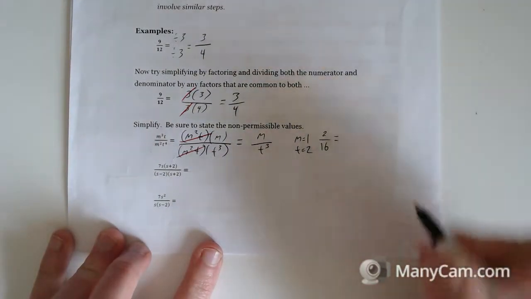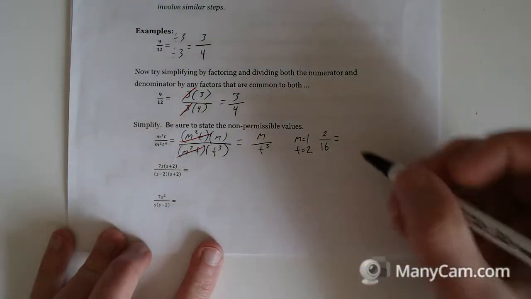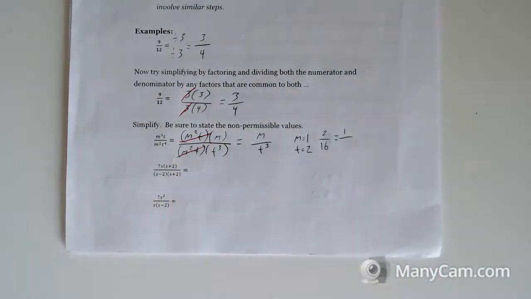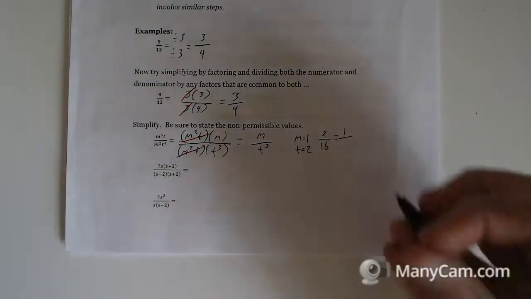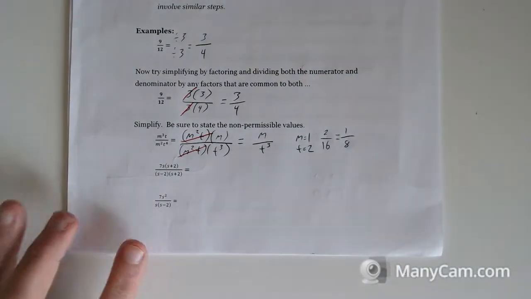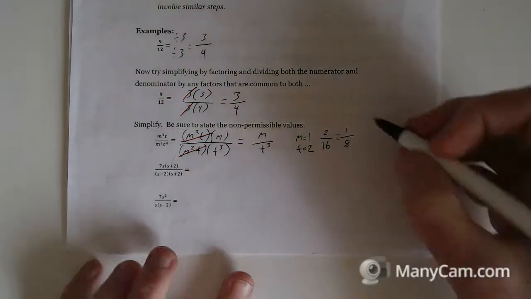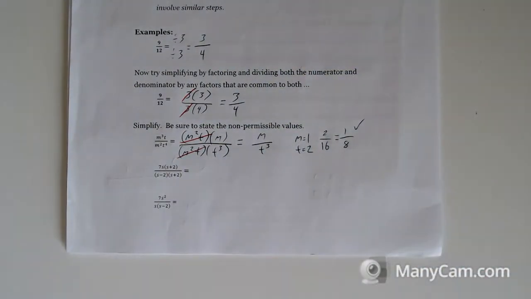In my new expression, it's going to be 1 over t cubed, or 1/8, and this is indeed true. All you have to do is simplify the first one, you end up at the second one.